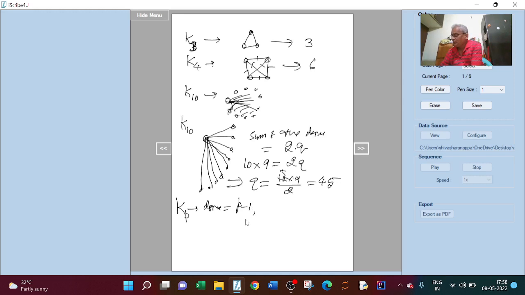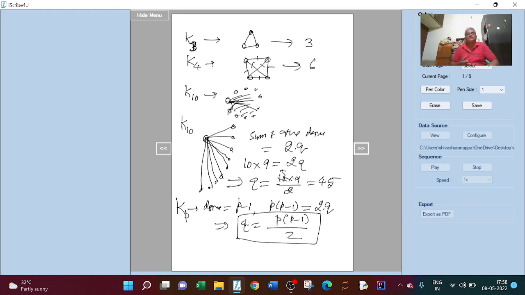Therefore, the sum of the degrees is p into p minus 1. This is equal to twice the number of edges, and this implies q is equal to p into p minus 1 divided by 2. So this is the number of edges in a complete graph.